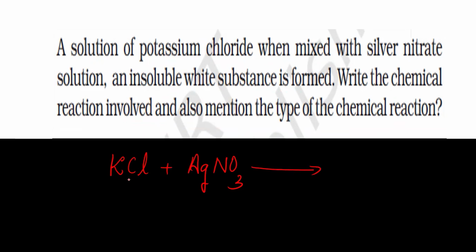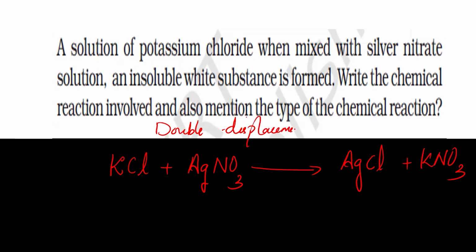So we know there are two reactants, so automatically a double displacement reaction will take place and you will be getting AgCl plus KNO3. Write the chemical reaction involved and also mention the type of the reaction. This is a double displacement reaction.